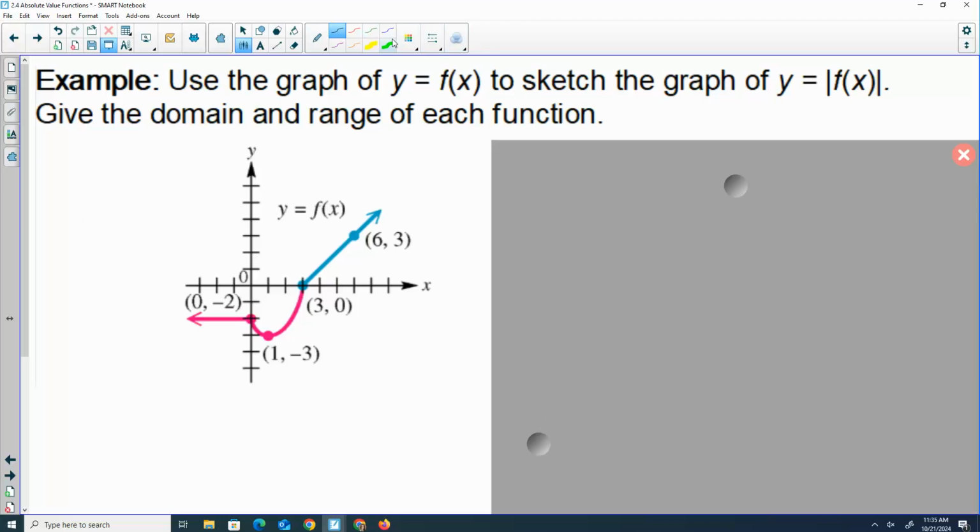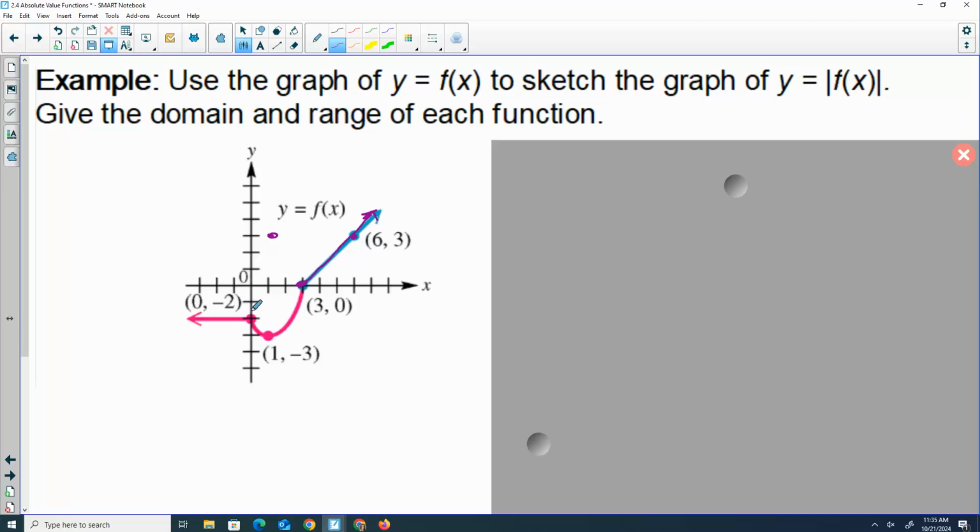What does absolute value do? Makes everything positive. So will this part of my function that's already positive change? No, that's going to stay the same. But anything that was negative will change. So this point was at 1, -3. Where will that go?